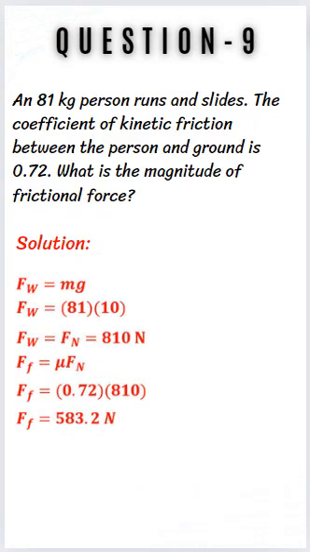In question 9, mass of the object and coefficient of friction are given. Use the standard equation for frictional force and substitute the values. You will get frictional force equal to 583.2 Newton.